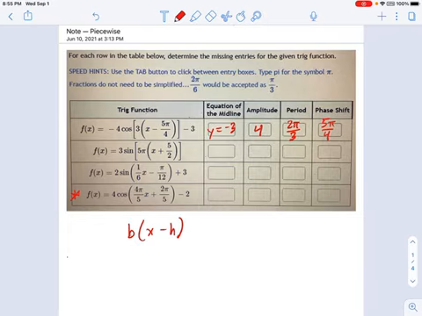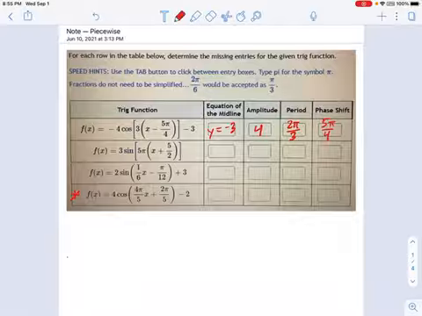And what that's doing is it's obscuring the effect of the horizontal scaling factor. It's mixing it in together with the phase shift. The phase shift for this one is not -2 pi over 5. First, before we can say what the phase shift is, we have to factor out this b right here, that horizontal scaling factor. So let's go ahead and try that. I'm going to write this down here.